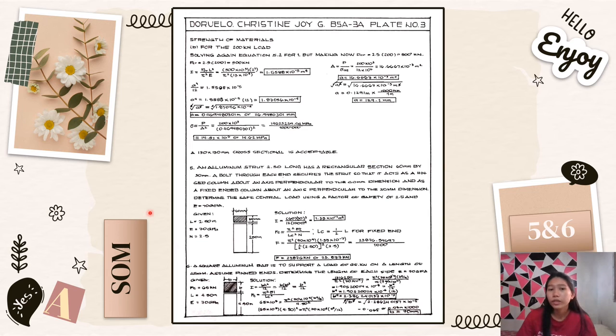So let's proceed for the number 5. An aluminum strut 2.50 meters long has a rectangular section 60 millimeter by 30 millimeter.